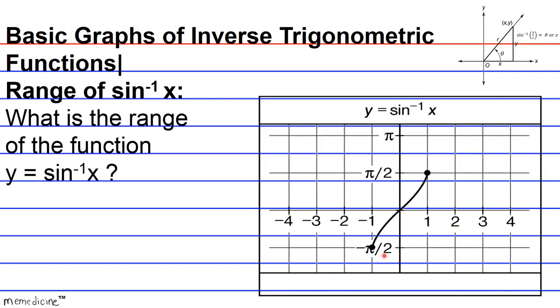Here goes our restricted y equals sine of x, and the y equals the inverse sine of x function. Notice that the π/2 radian measures are switched to the y-axis. Therefore the range, again, is -π/2 less than or equal to y, which is less than or equal to π/2.